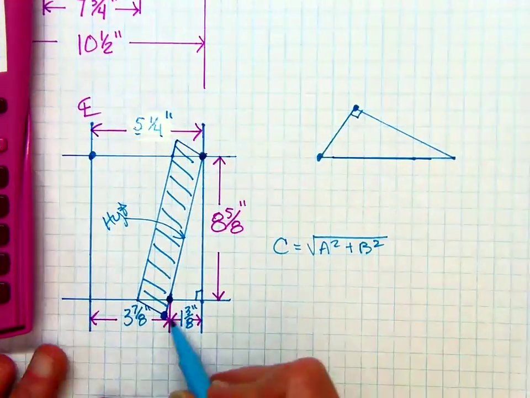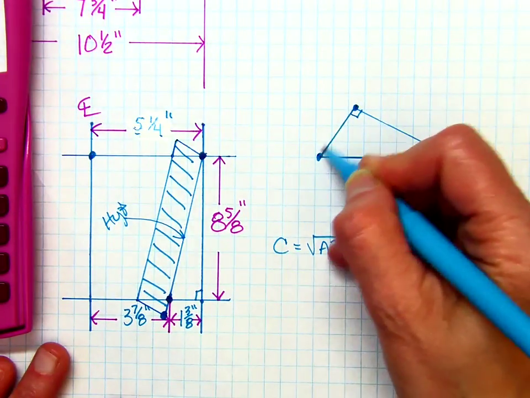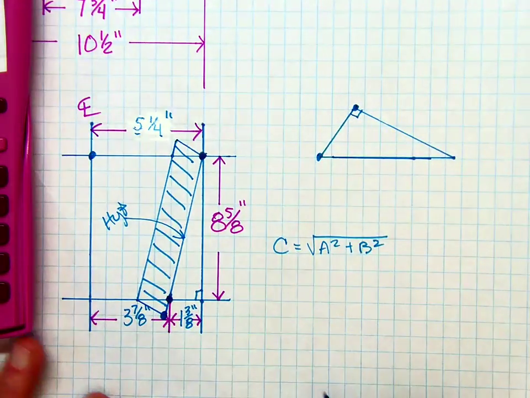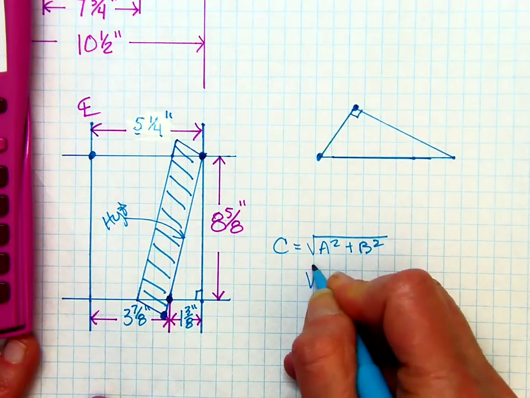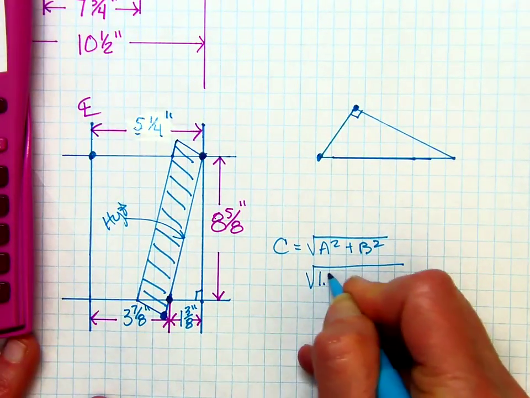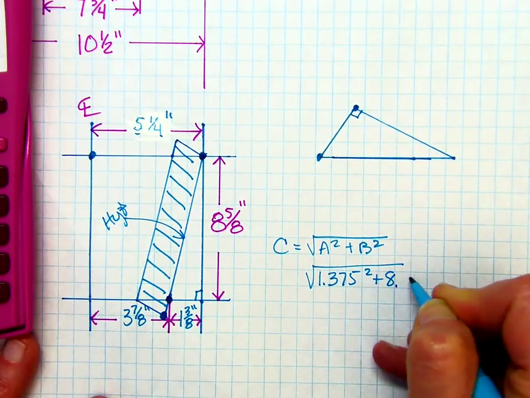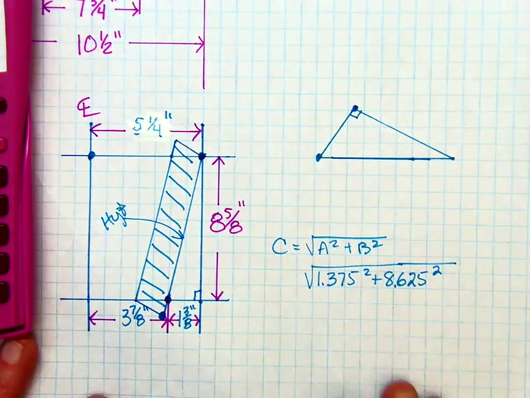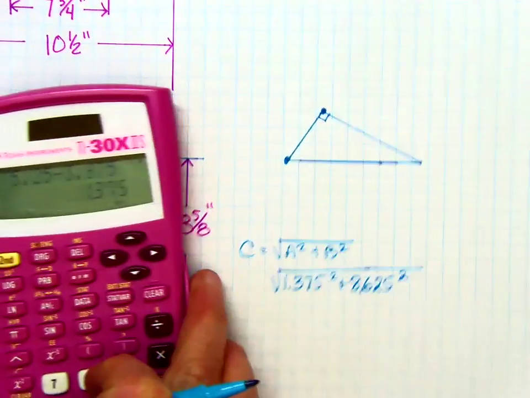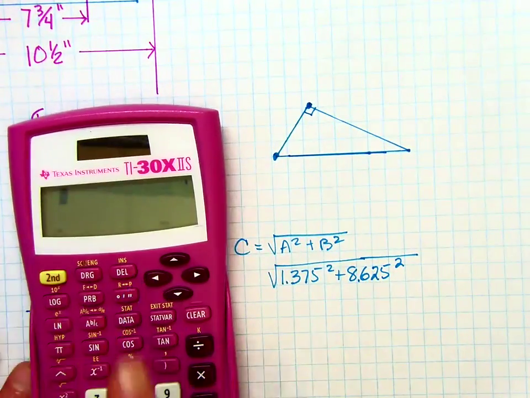All right, let's go ahead and plug in those numbers to at least get that part, and then we'll work on figuring out this dimension. So it doesn't matter which one you put in first. I'm going to put in the 1 3/8 plus the 8 5/8. Okay, and I'm going to go ahead and plug that in. Again, I'm rounding to 3 places.